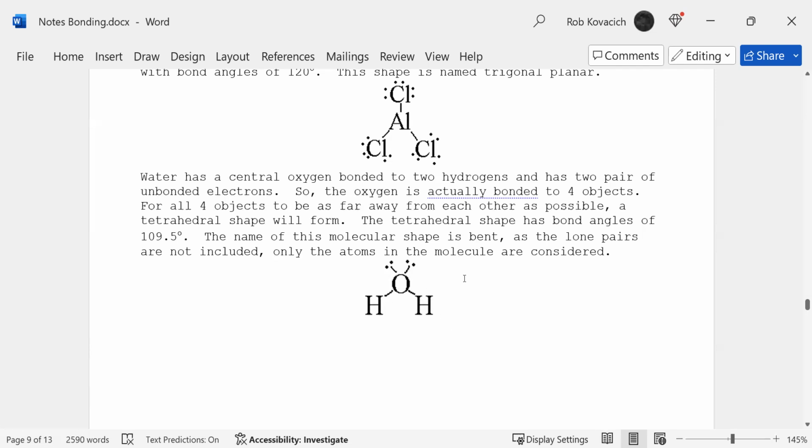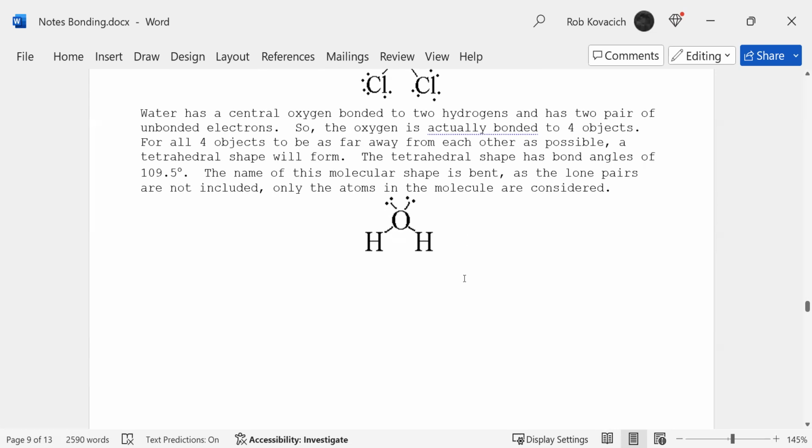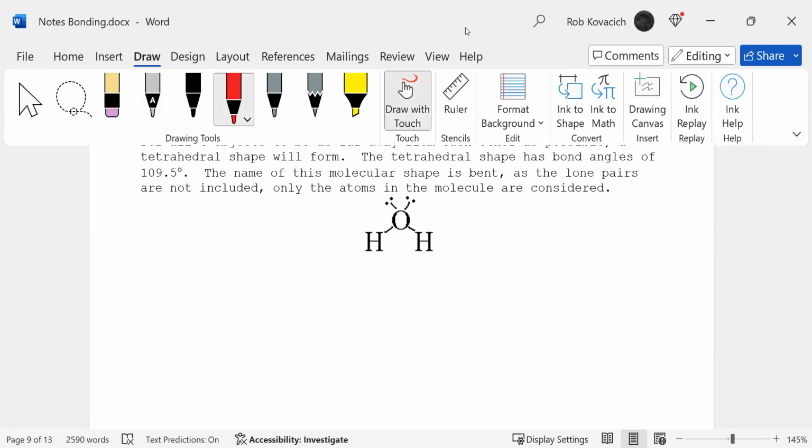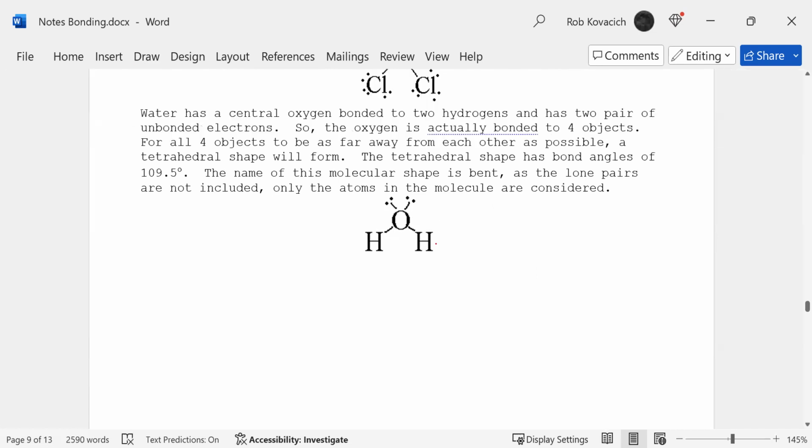And this is why water is polar. That's it. Why is water polar? Because its structure is bent. If this was in a straight line, then there'd be no polarness to the water. But because it's bent, there is a polarness to the water. So why is that the case? That's the case because the hydrogen has an electronegativity of 2.1, and my oxygen has an electronegativity of 3.5.